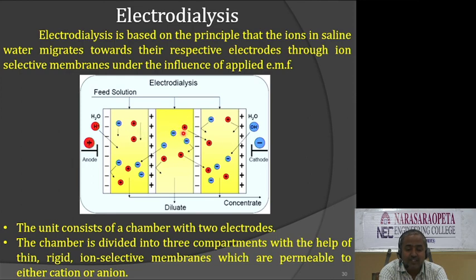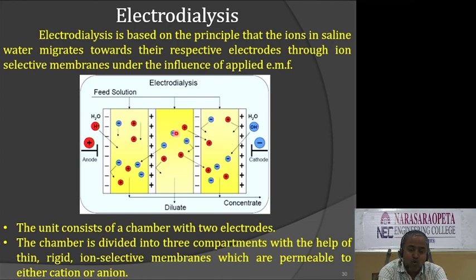If you see here in this diagram, the positively charged ion can pass through a negative ion selector because it attracts the positively charged ions, but repels the negatively charged species. The positive ion selector allows the anions only. The negative ion selector allows the positive ions only. So all the negative ions move towards the anode and all the positive ions move towards the cathode.